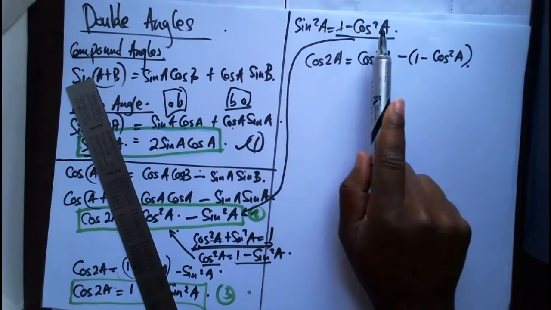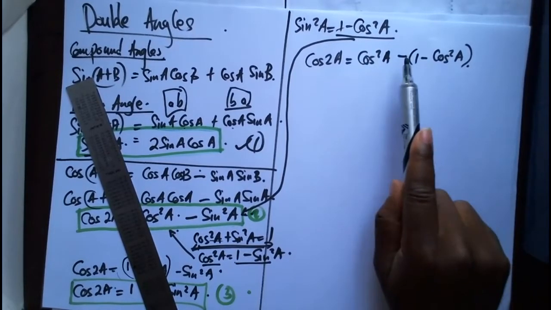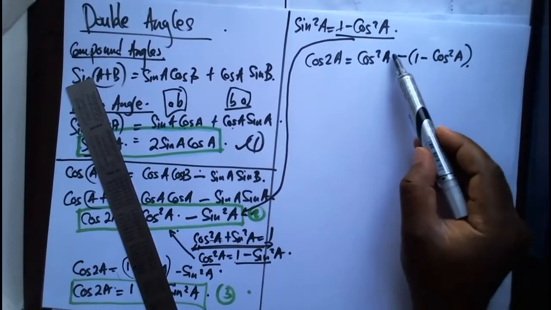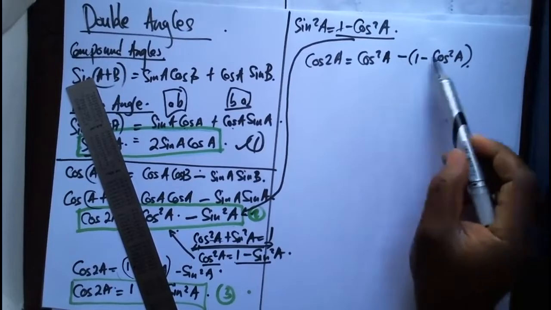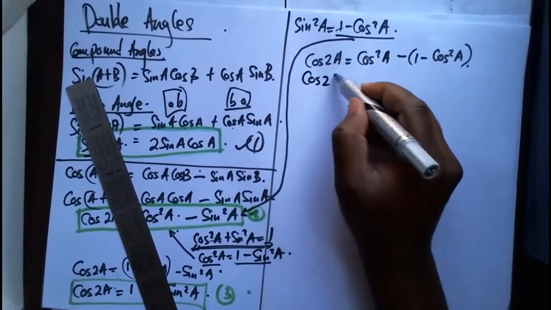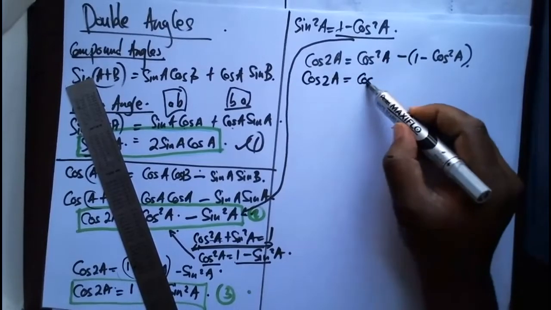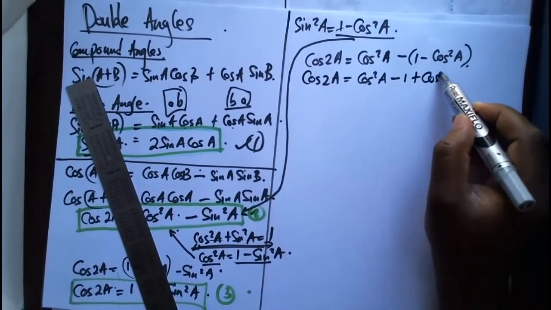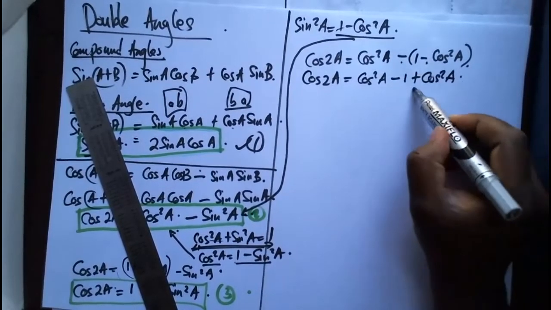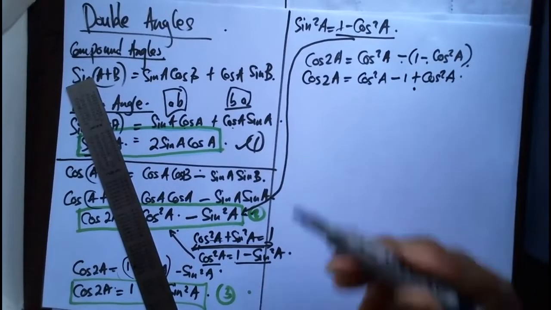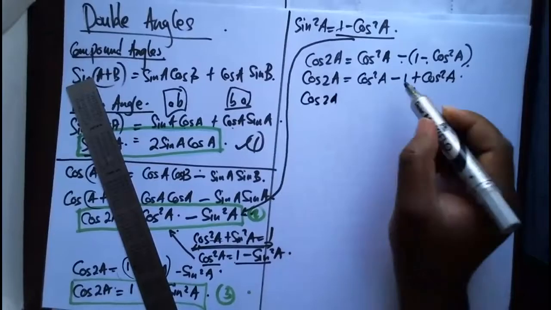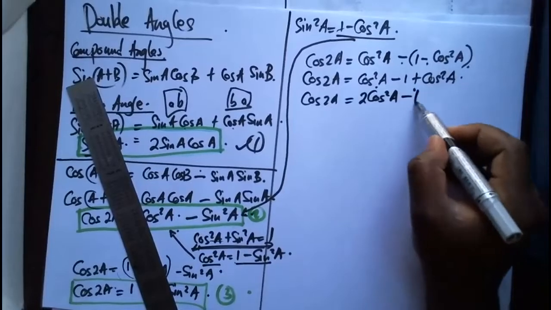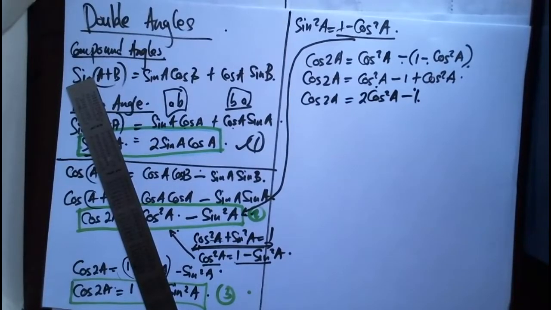I took 1 minus cos squared A and put it where there was sine squared A, because if you don't do that, you omit this one and it will not come out right. So cos 2A is equal to cos squared A minus 1 plus cos squared A, because this negative and this negative give me a positive. So cos 2A is equal to 2 cos squared A minus 1, which is identity number 3.